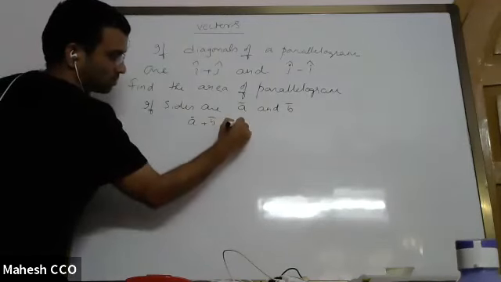So if diagonals are given as vectors, and you assume the sides as A bar and B bar, the diagonals will be A bar plus B bar and B bar minus A bar. So what is the cross product of that?